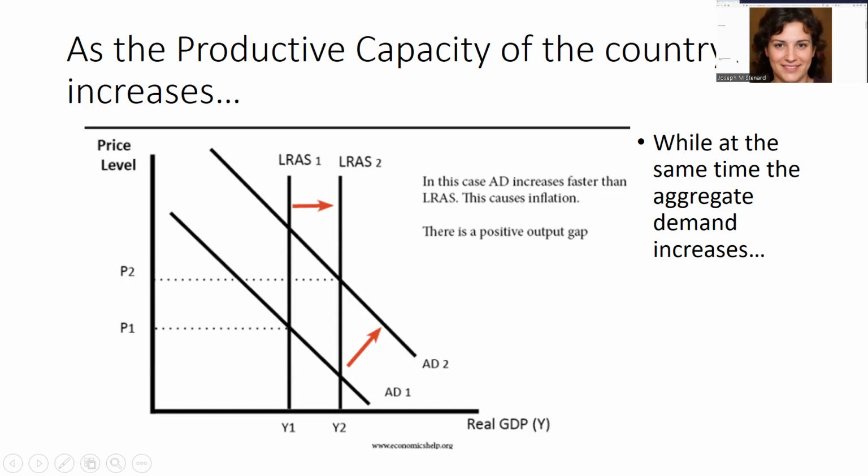Then because there was an increase in productivity, we switched over to Y2. But because there was an increase in demand, we go up here to P2. So that's how that moves. That's the nature of positive growth in both supply and demand on the aggregate level.